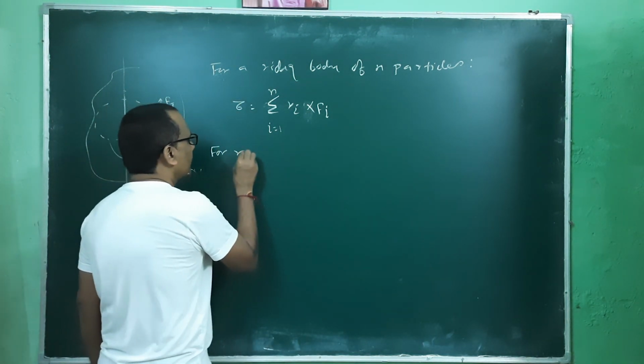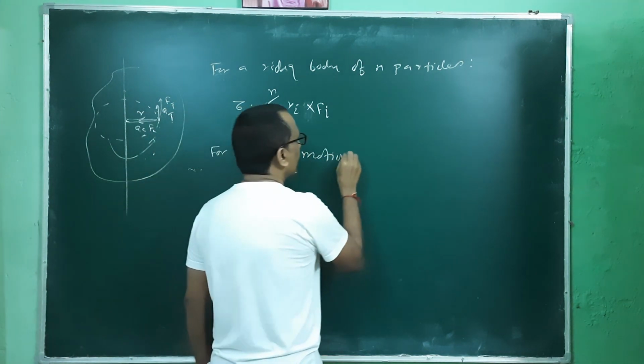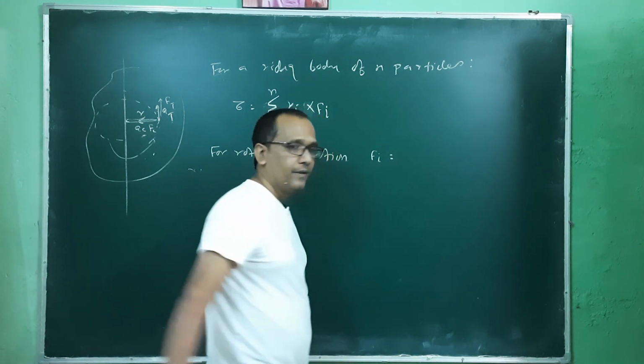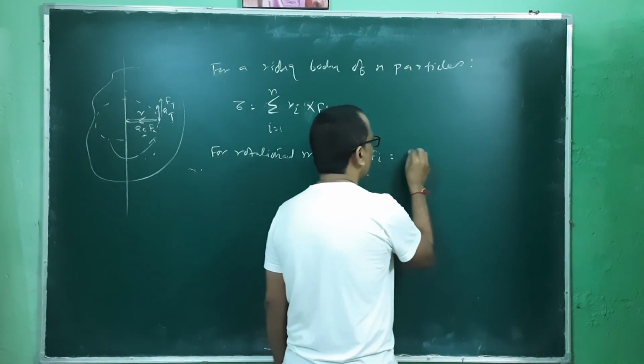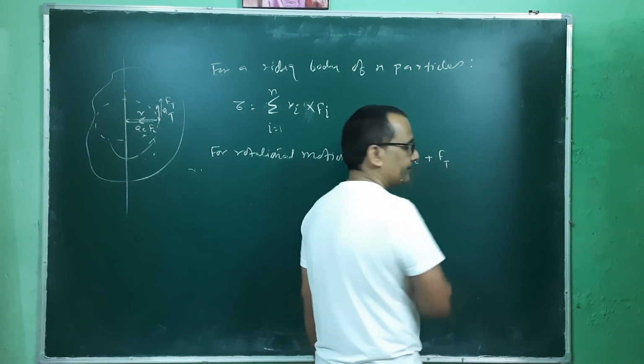For rotational motion, Fi can be written as the sum of Fc plus Ft.